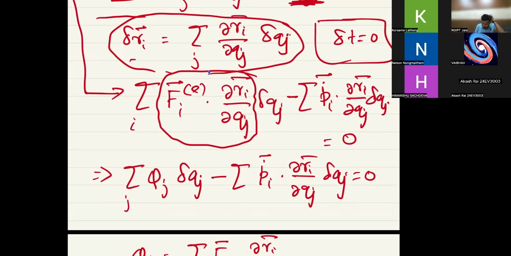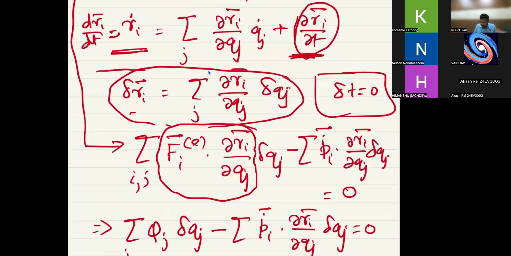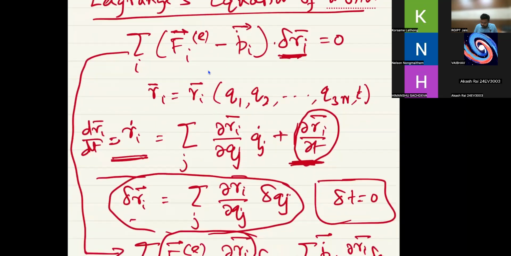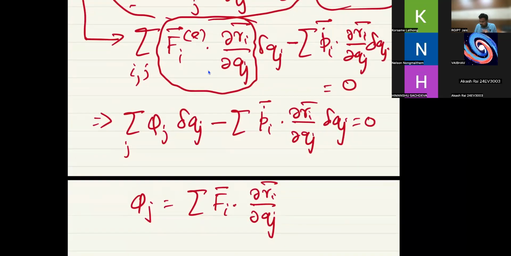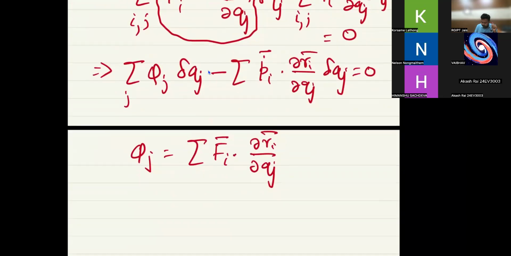Here this should have both indices i and j, not one index: one index for i and one index for j. In the case of Pi also, this will be the i and j index, and here also the i and j index. And what is Qj? This is called generalized force.